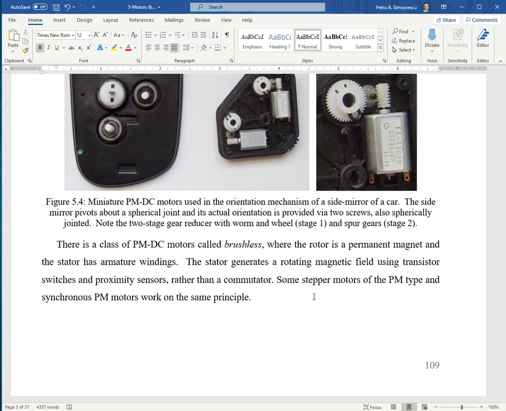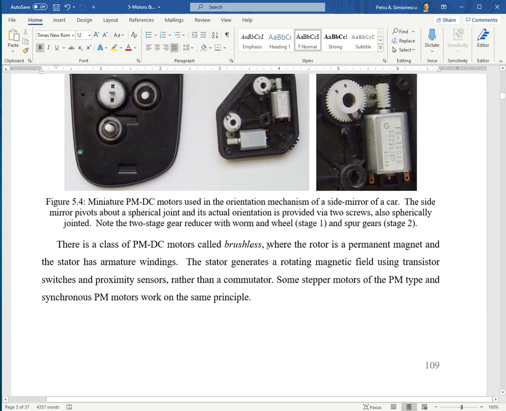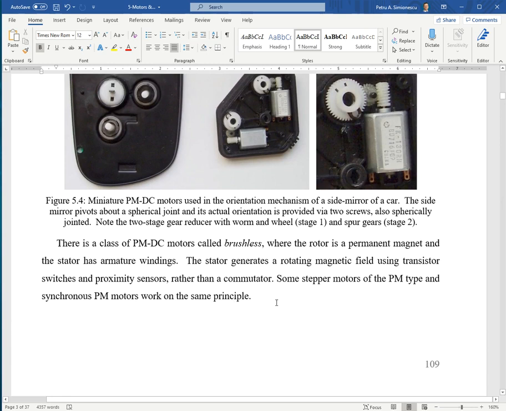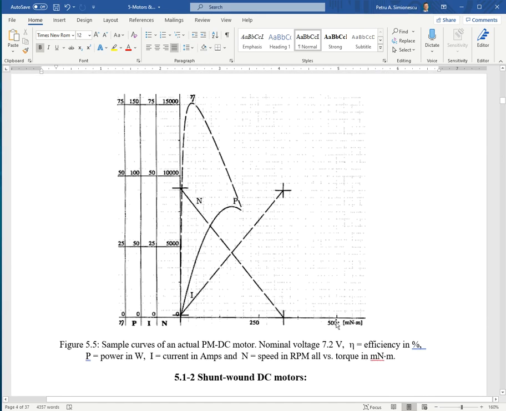Maybe you experienced, at least I did, issues with an AC fan motor of a vehicle that I owned, and the brushes just wore out, to the point where the motor was no longer rotating, the graphite brushes. So you see the brushless permanent DC motors used in cooling fans for computers and other types of electronics that require forced cooling.